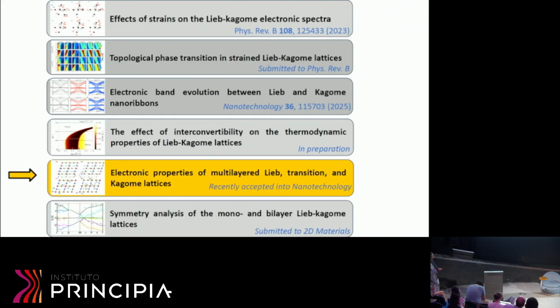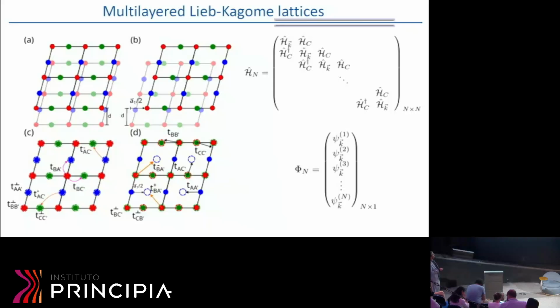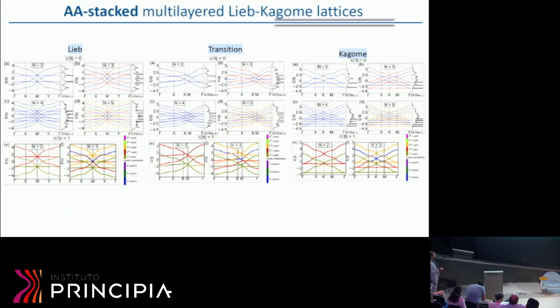And we also extend this proposed theoretical model for the multilayer case, like a tridiagonal block matrix, considering AA and AB stacking.